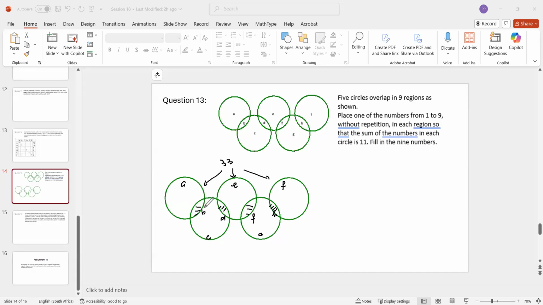So that means you get A plus B is 11. So A plus E plus F, and then you got... no. Let's do it this way. Sorry, I'm going to add the whole lot because I know that these numbers are from 1 to 9. You see, that helps a great deal.